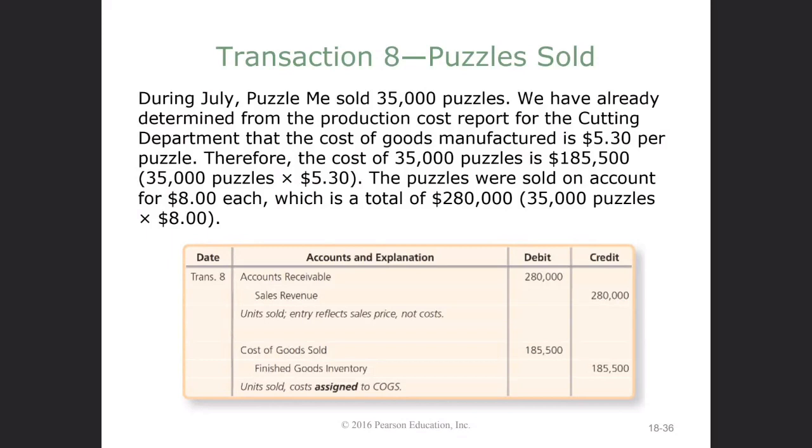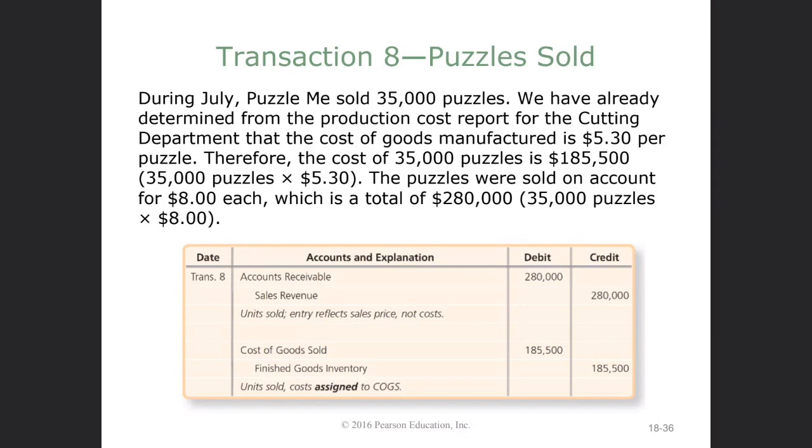And then the puzzles were sold on account for $8 each. So $8 times 35,000 puzzles gives us $280,000. See how they calculated it here. So that's how we determined the total amount sold and the total amount of cost.